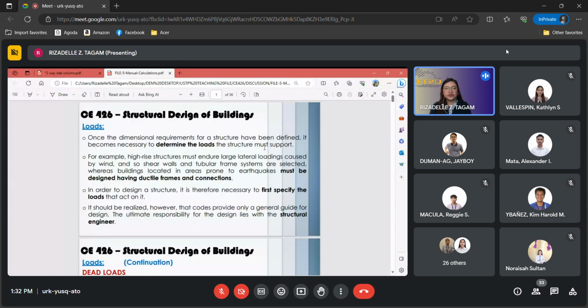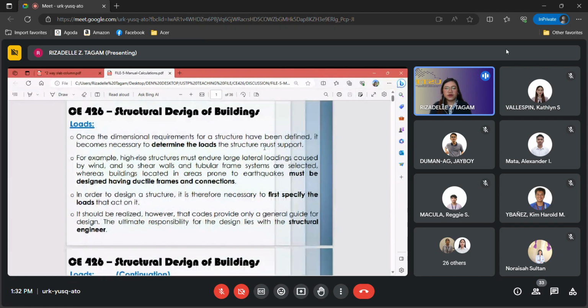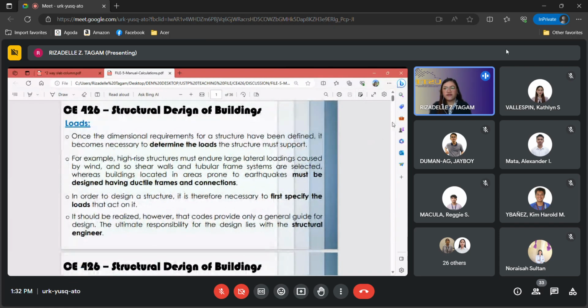So, loads. Once the dimensional requirements for a structure have been defined, unsa may meaning aning dimensional requirements, meaning humana atong atong functional design is humana.